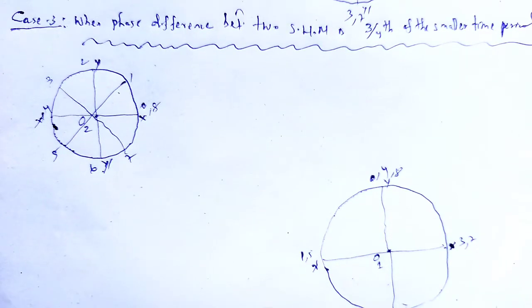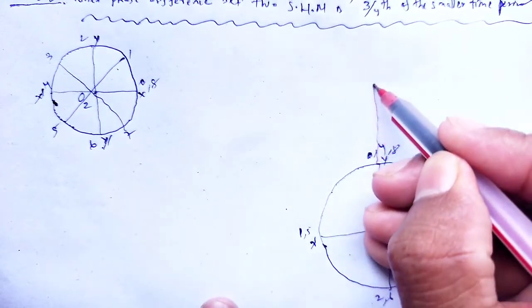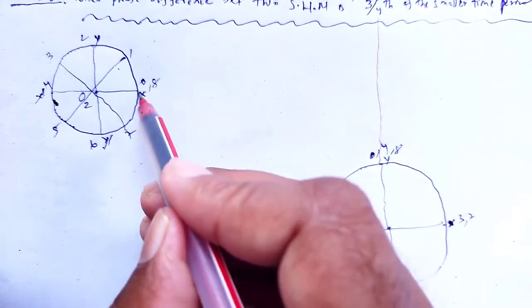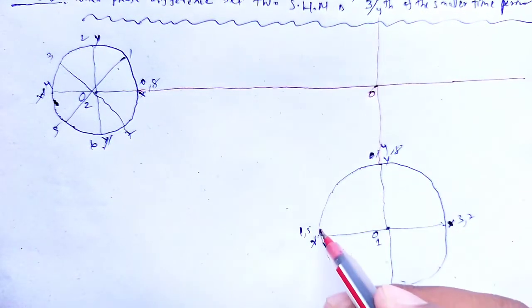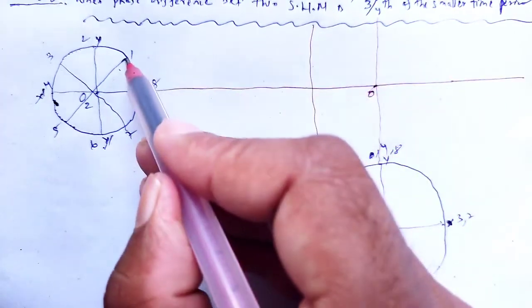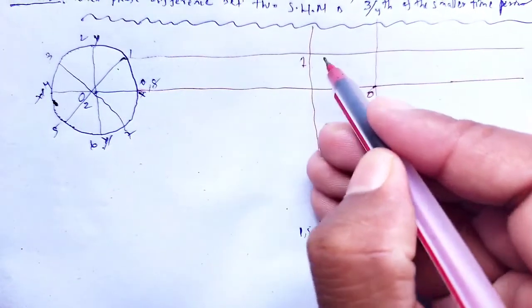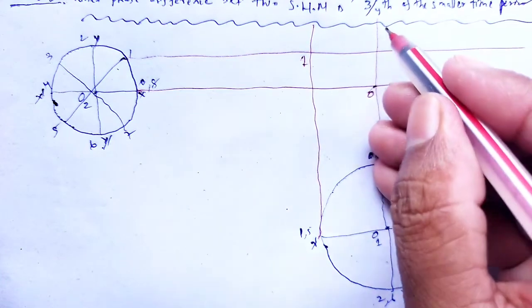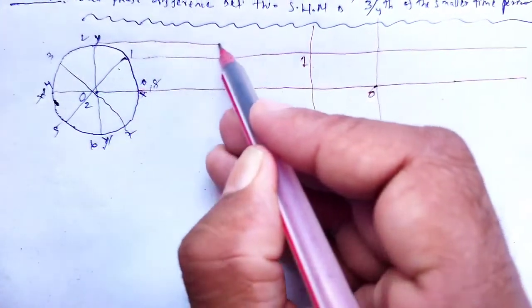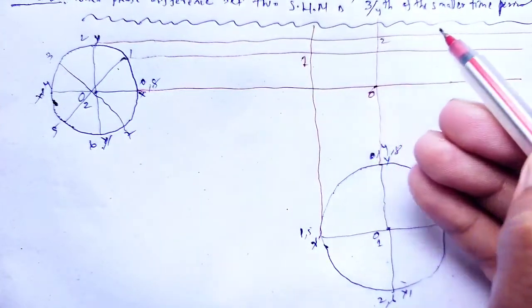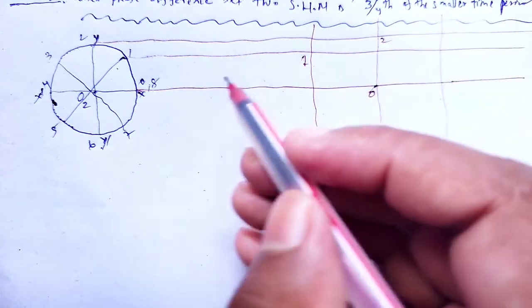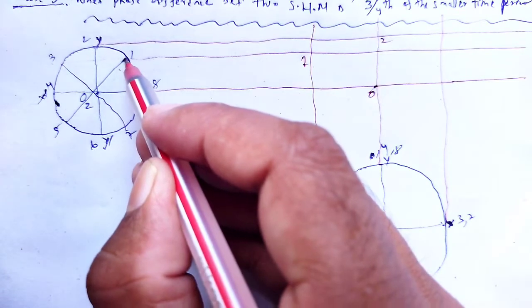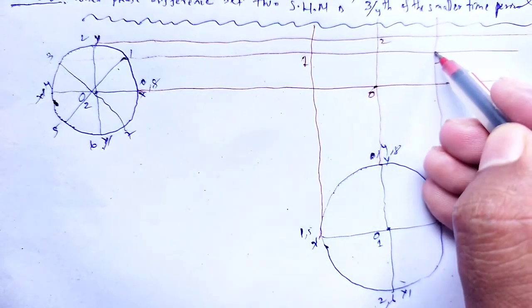Now I join the points. The 0 line here, that for the 0 line, for 1 line, that for the 1 line, 2 line, that for the 2 line. Next 3, that point with the same here for 3.